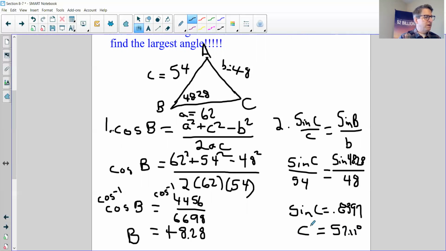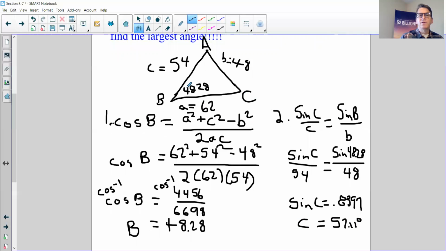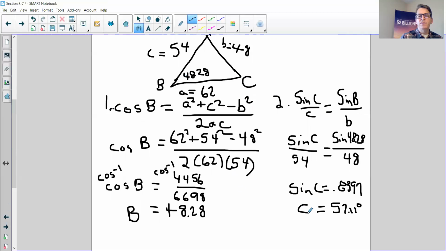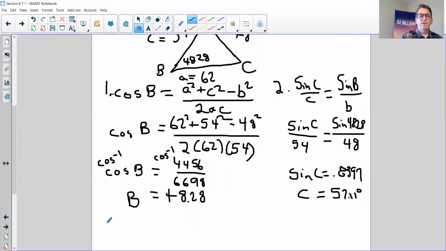Adding angle C and angle B together, 48.28 and 57.11, your last step is to find angle A by subtracting that sum from 180.